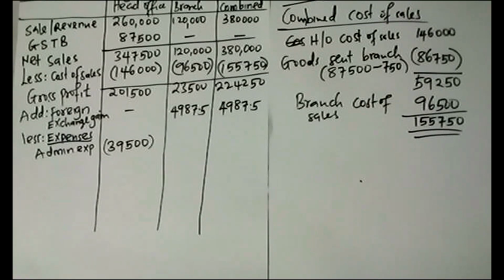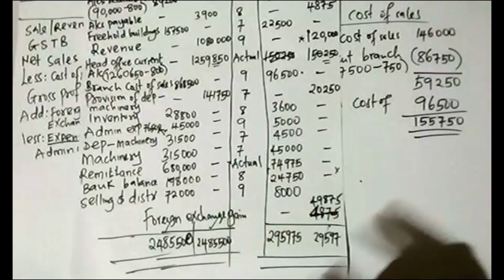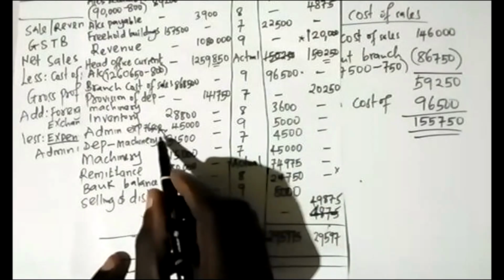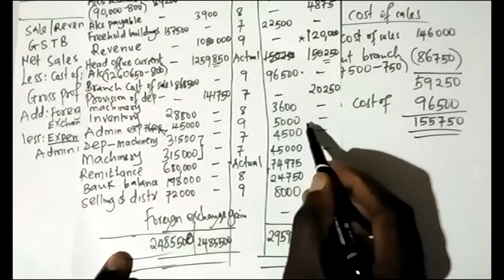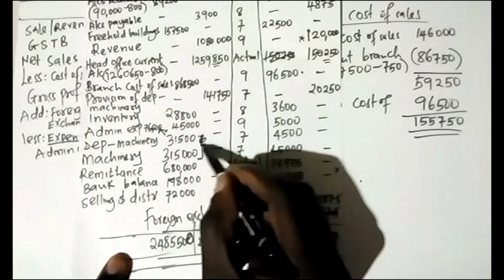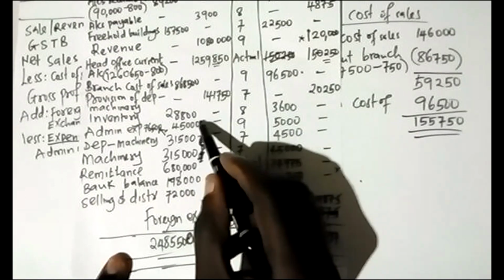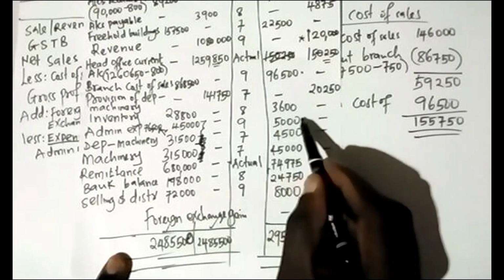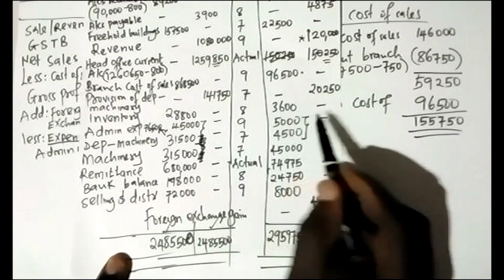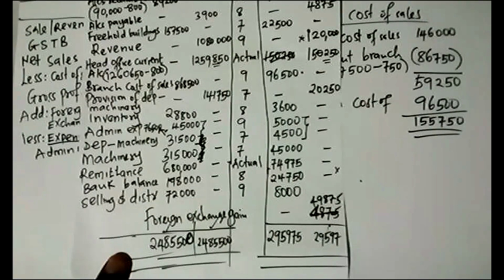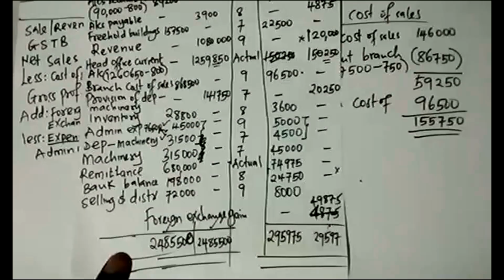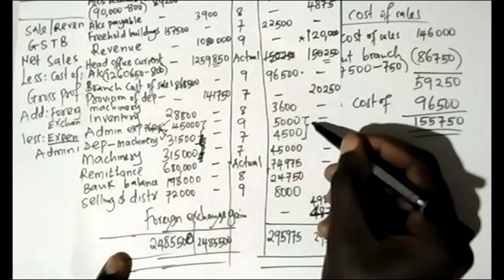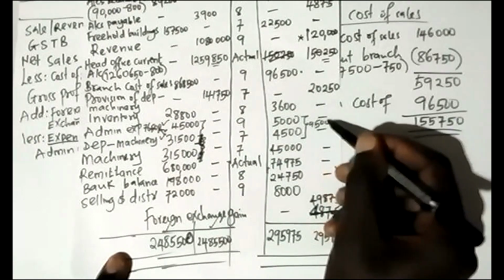When I was translating, I separated the two, the admin and the depreciation of machinery. But to record here, I will record a total of 9,500 because they were together.